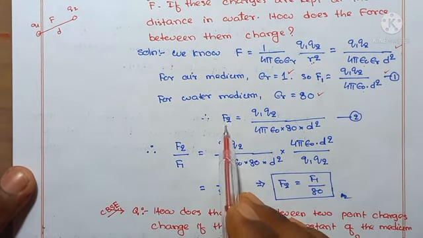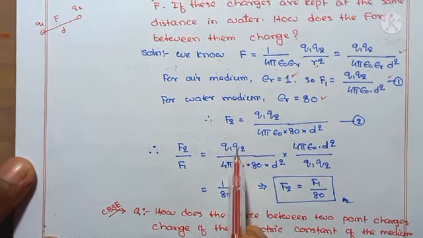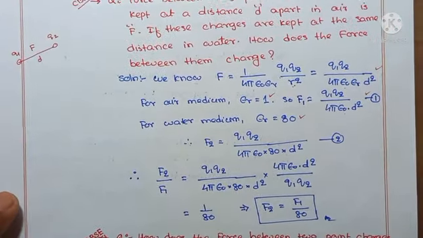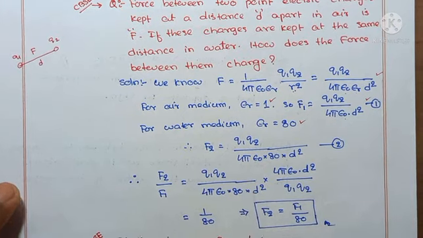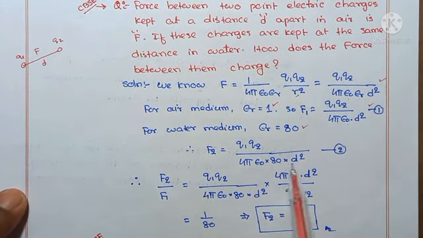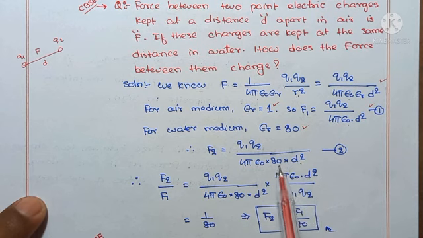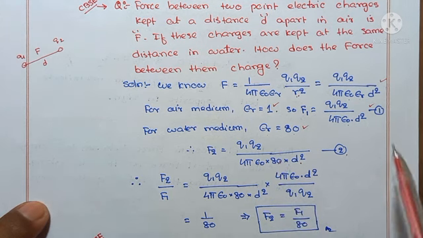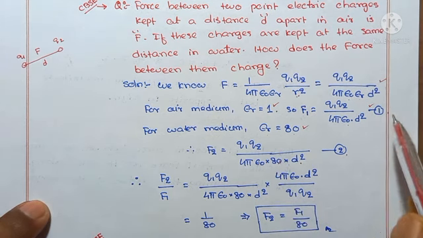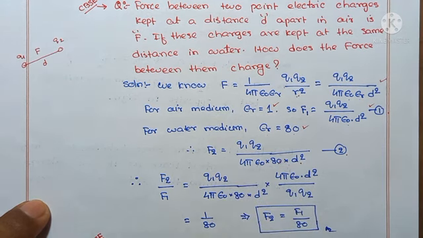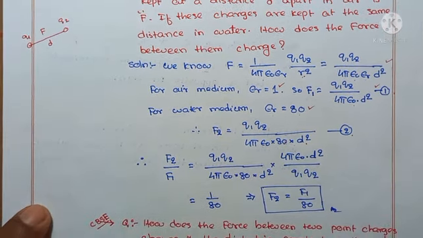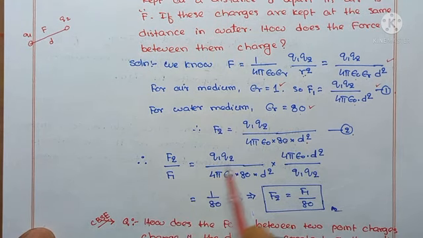So F2 equals q1 q2 by 4 pi epsilon 0 epsilon r d square, and in place of epsilon r we now put 80. This is the second equation, this is the first equation. Now divide F2 by F1. After simplification we will get 1 by 80. So F2 is equal to F1 by 80 होगा.